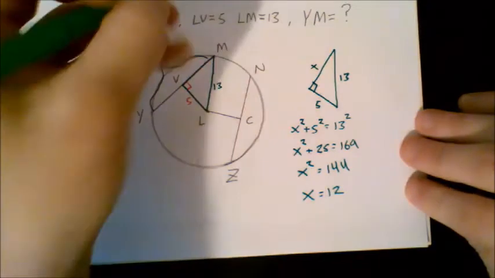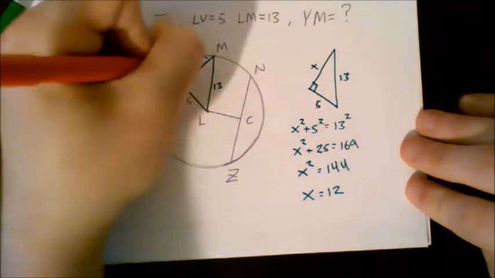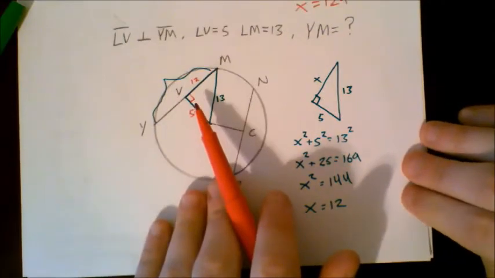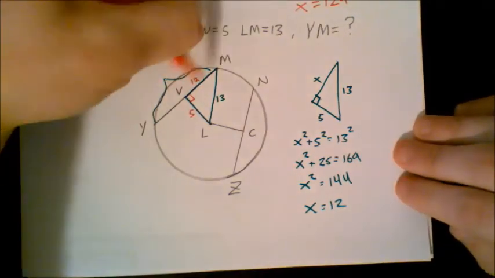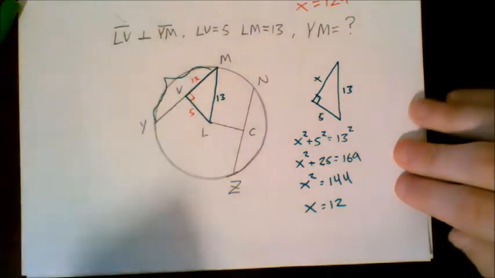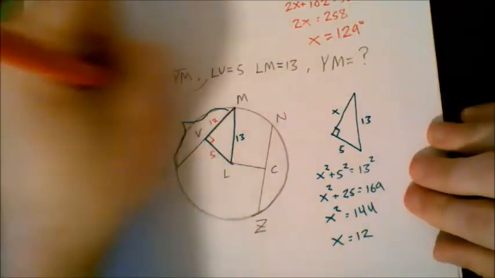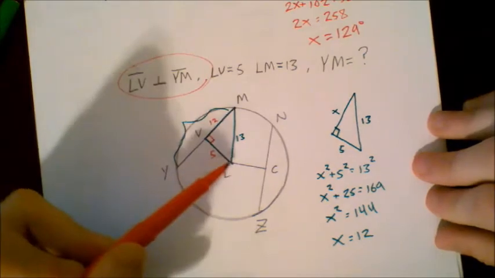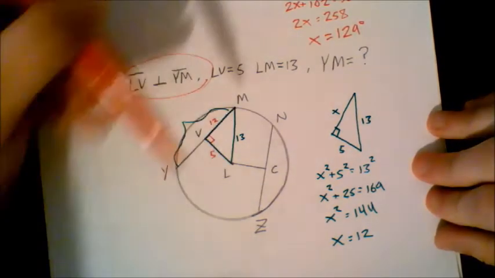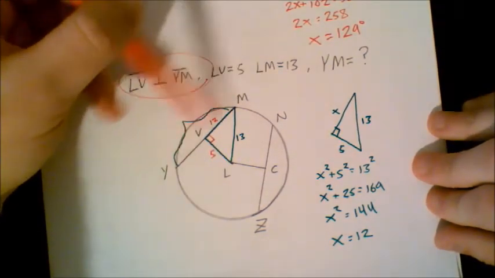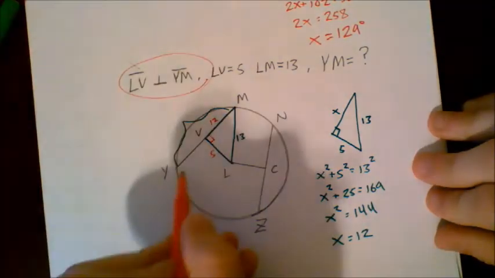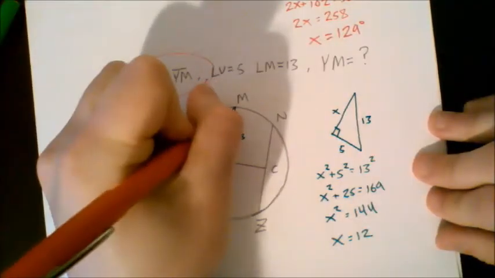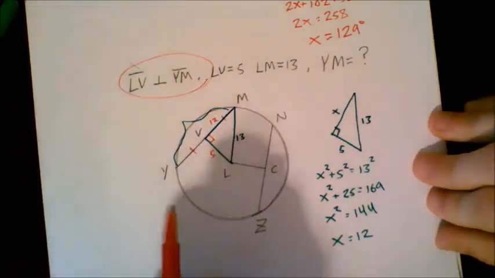We're not done though, because we just know that this part of the circle equals 12. That's not what they're asking for. They're asking for this entire thing. This is where we have to use the fact that it's perpendicular. Since we have a segment that is perpendicular to a chord, we know that segment YV is congruent to segment VM.